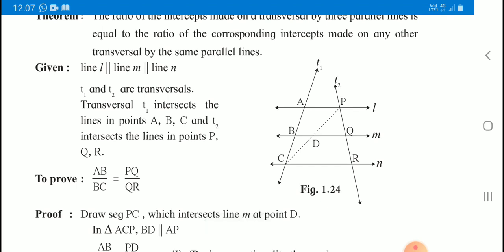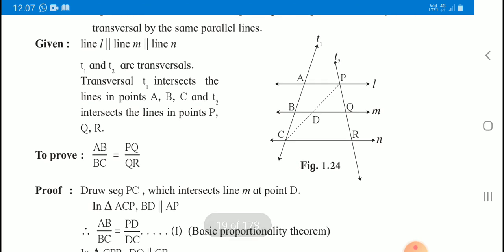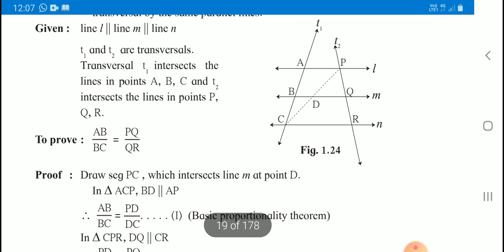Here they have given line L parallel to line M parallel to line N. Then T1 and T2 are the transversals. Transversal T1 intersects the lines in points A, B, C, and T2 intersects the lines in points P, Q, and R. Therefore, we have to prove that AB upon BC is equal to PQ upon QR.